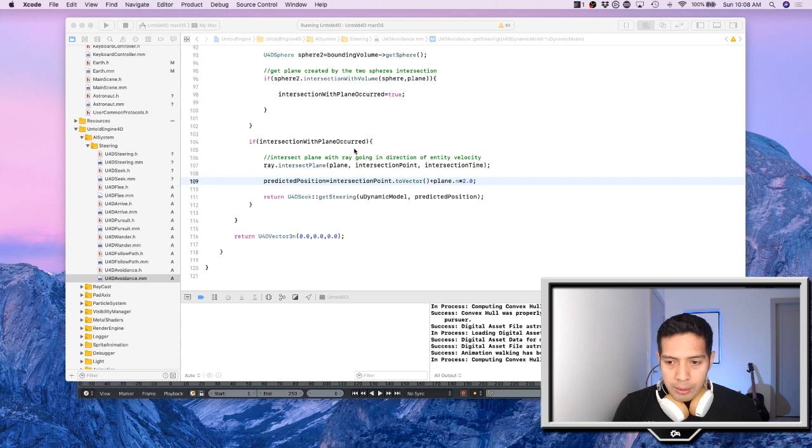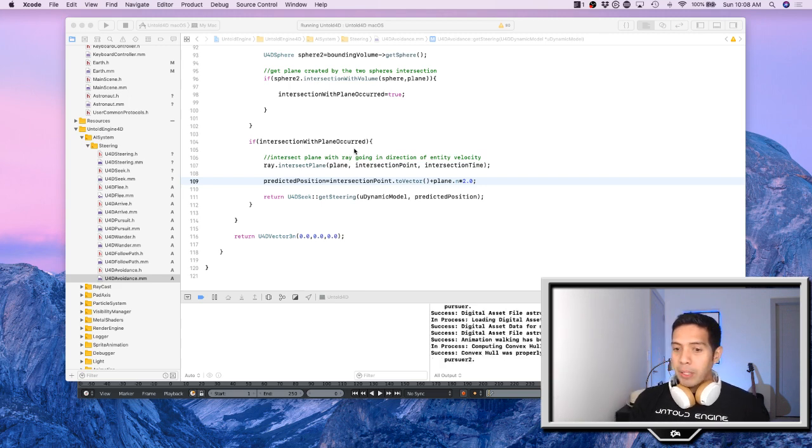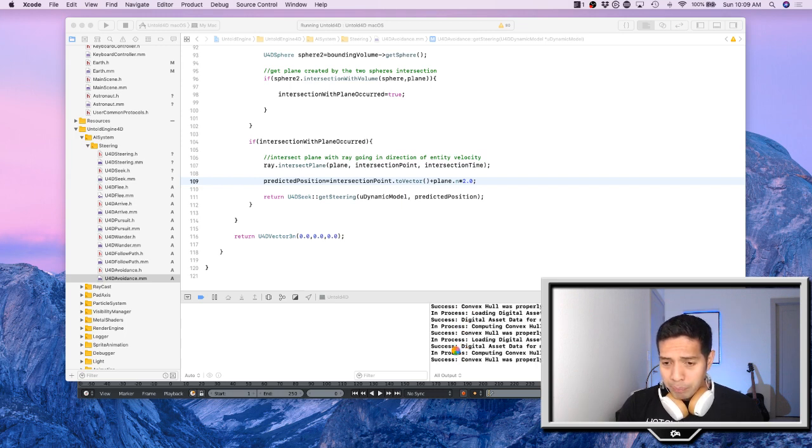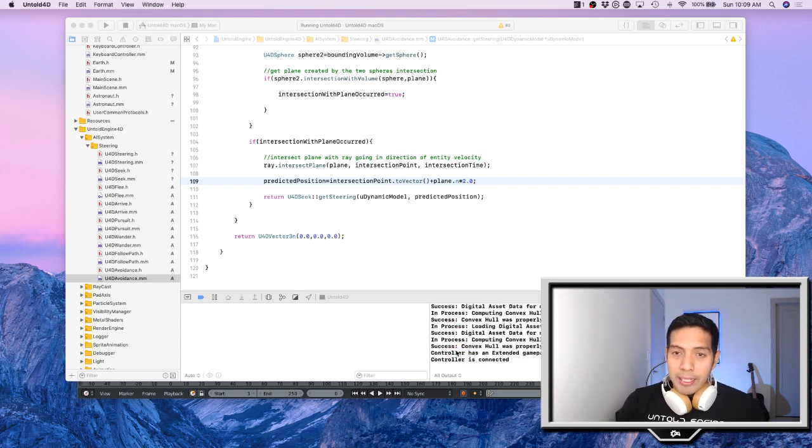And once that is ready, I'm going to start the behavior. So right now the engine is showing the whole loading process and the whole retrieving of data and stuff like that.